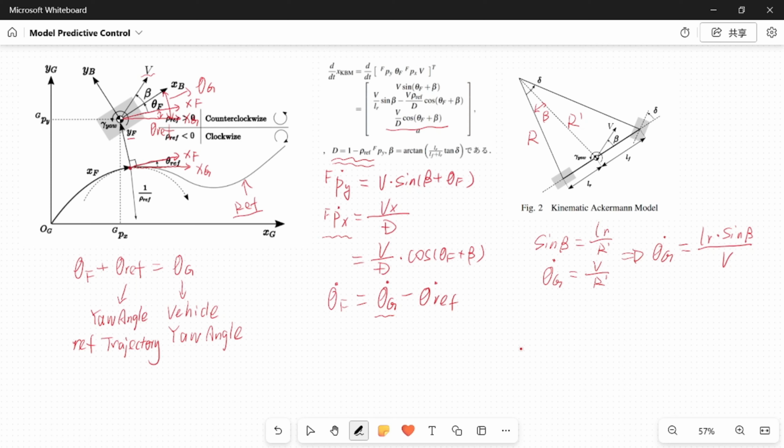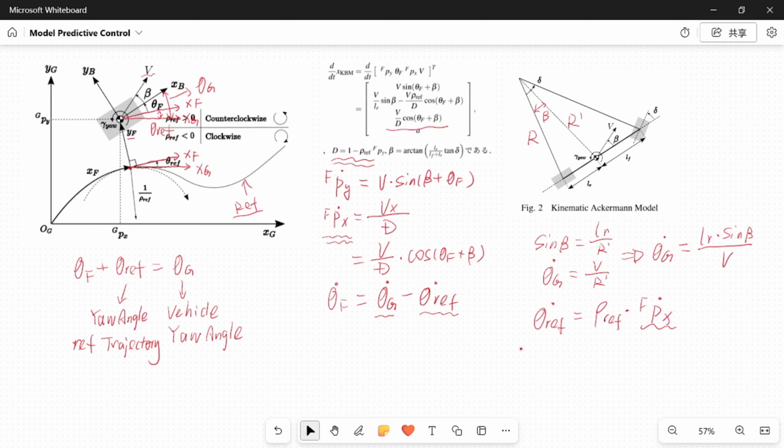Okay, next, theta REF dot. Theta REF dot is the point's tangential speed. So theta REF dot equals rho REF, the curvature of the reference trajectory, times FPX dot. This is what we derived just now.